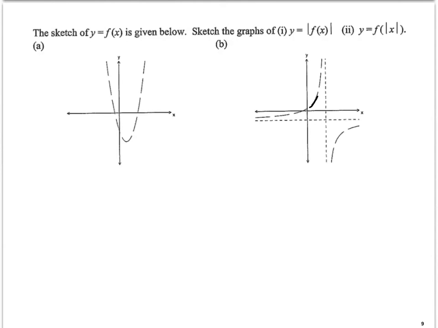Okay, so we're going to take this bit here and this bit here, and we're going to reflect it. So you're going to go something like this. So you're going to have an asymptote there, and then you're going to do something like that. Okay, so what we end up with is a mirror image reflection. Okay, you've got to know those two really well.